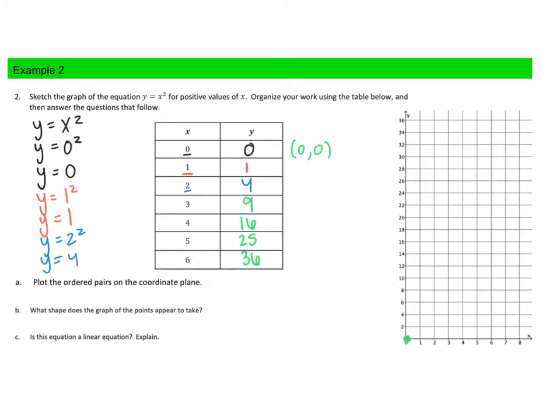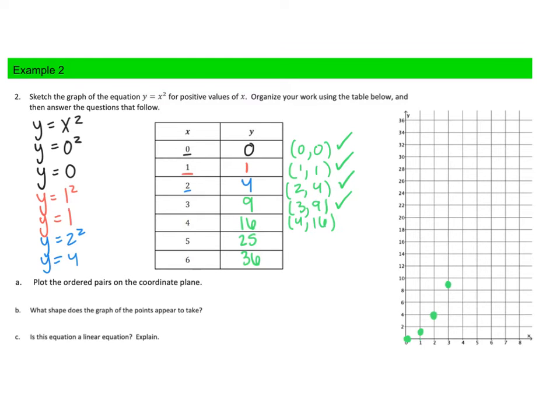That is right here. The next one is over 1, up 1. The next one is over 2, up 4. The next one is over 3, up 9, that's right in between 8 and 10.